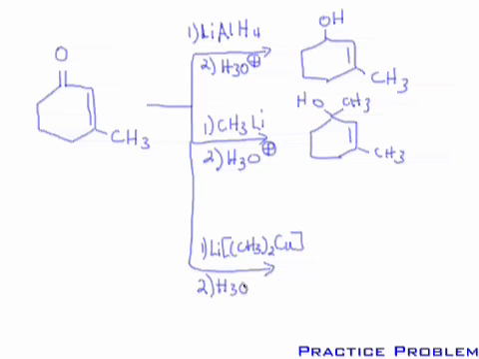And remember, the 1 and 2 here again means add the reagent first, let it react, and then step 2, add the acid. This favors conjugate attack. And so the methyl would go in this position, and the double bond O would be retained.